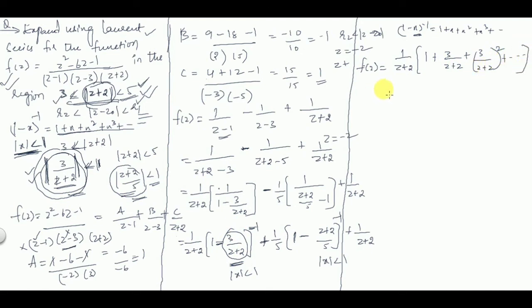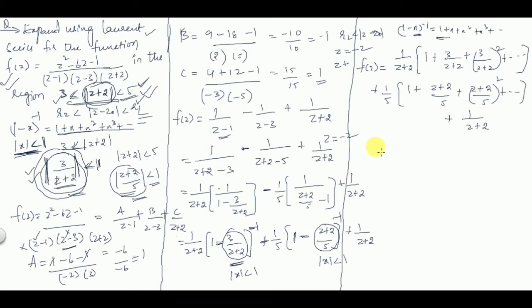Next, plus 1 by 5 into, same formula, in the place of x you have z plus 2 by 5: 1 plus z plus 2 by 5 plus z plus 2 by 5 whole square plus so on, plus 1 by z plus 2.